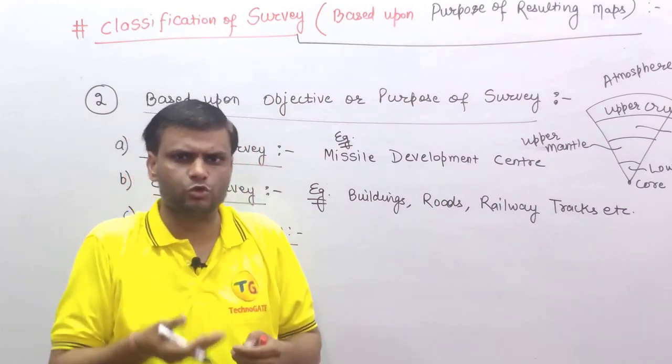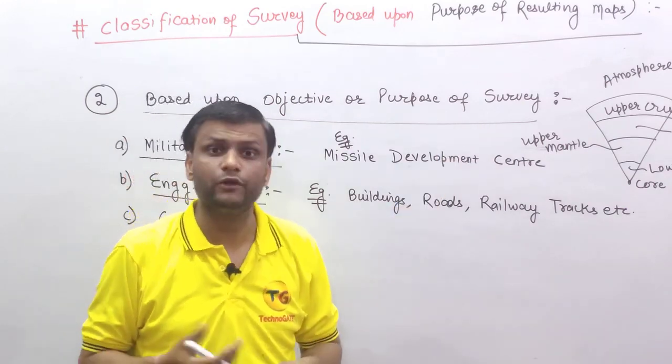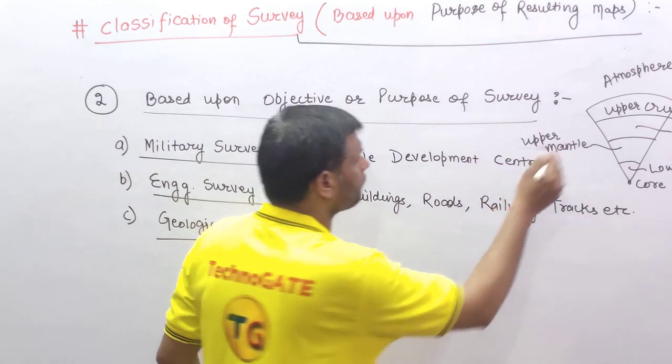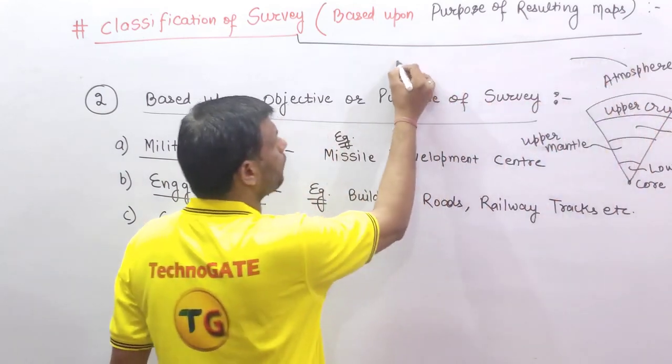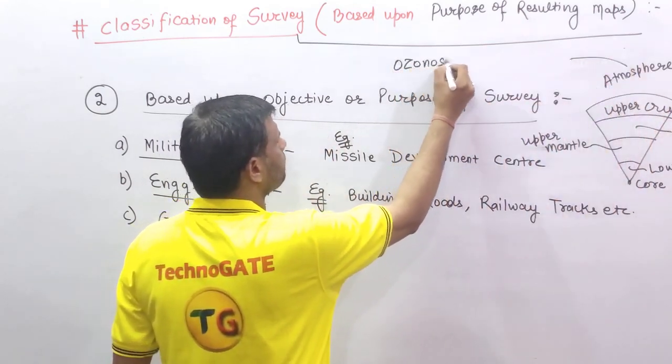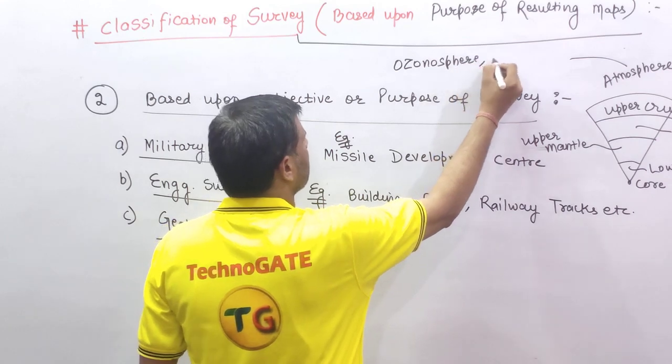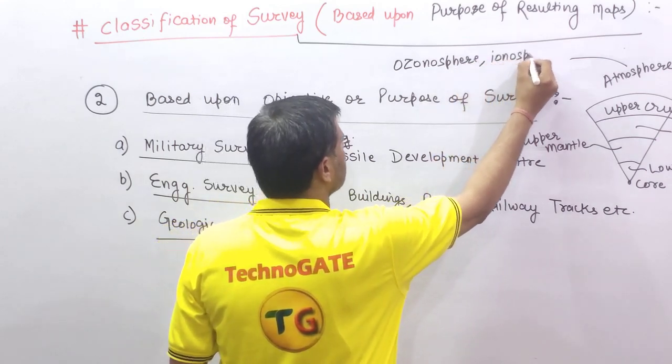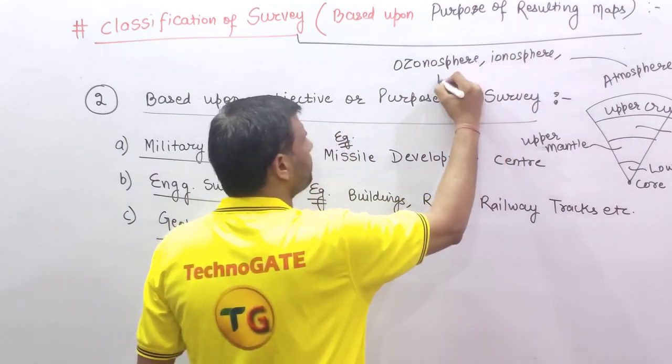Atmosphere consists of ozonosphere, ionosphere, and mesosphere.